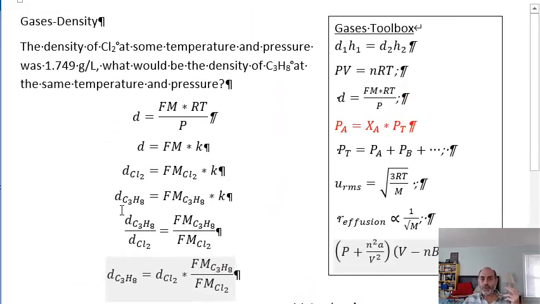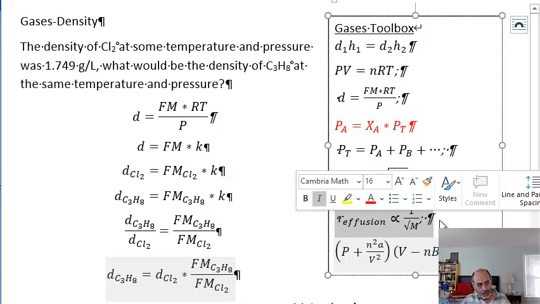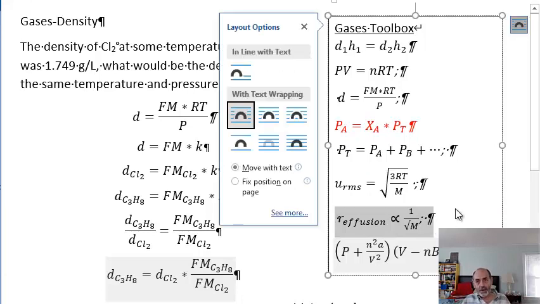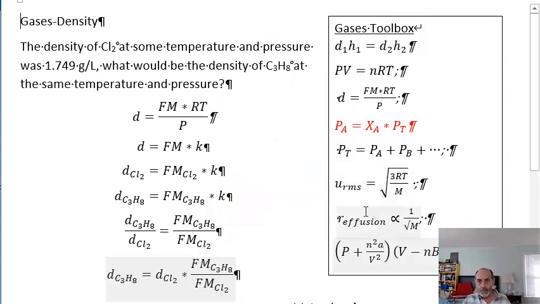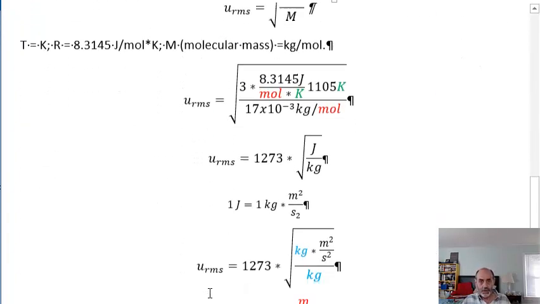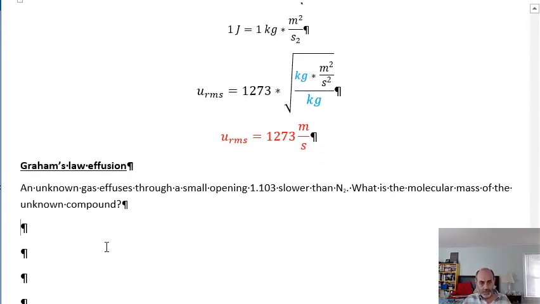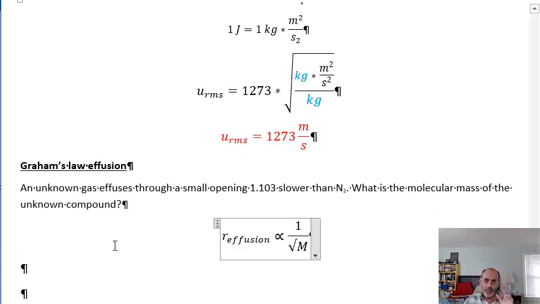Well, we go back to our toolbox, and you see here's an equation having to do with effusion. Copy that. I'm not sure I copied it the first time, so here we go. Now let's put that there. Now this one's maybe not so obvious because you see that proportional sign.